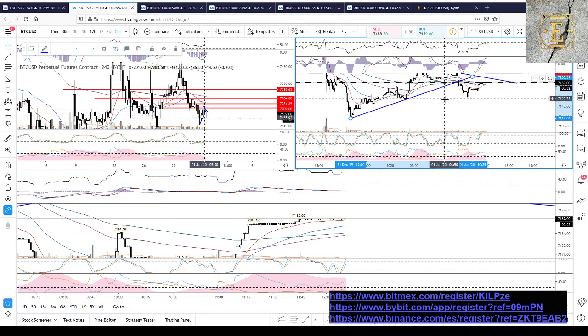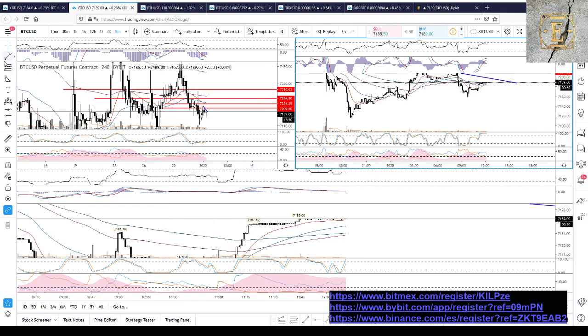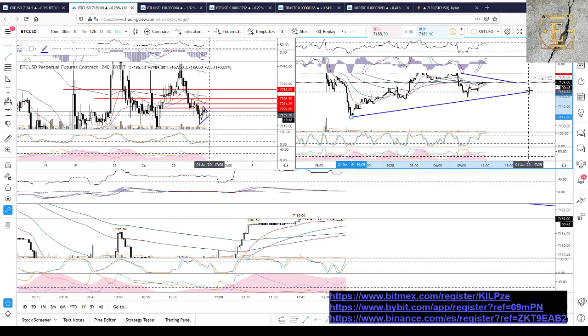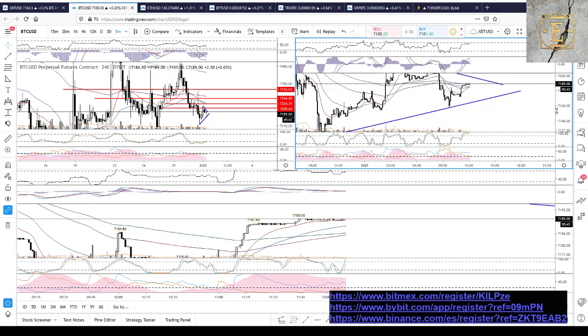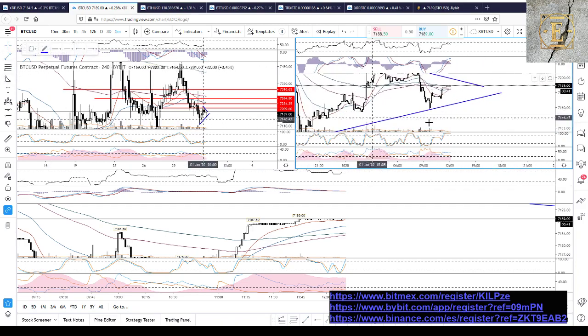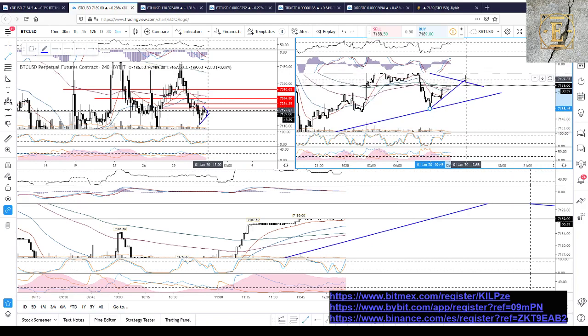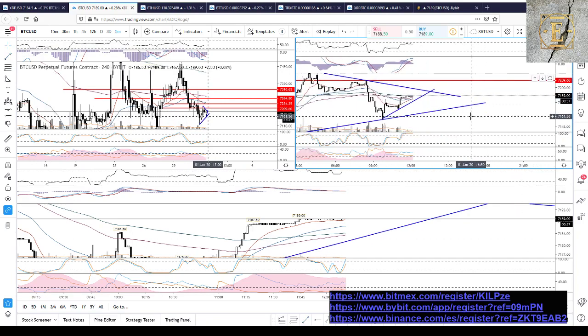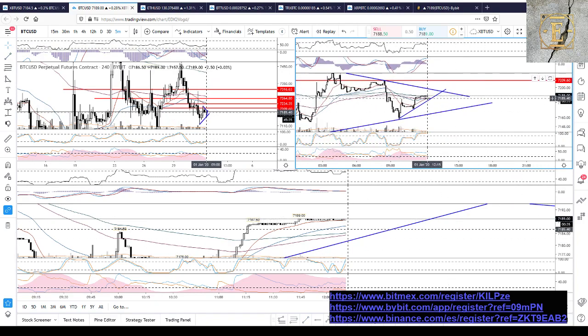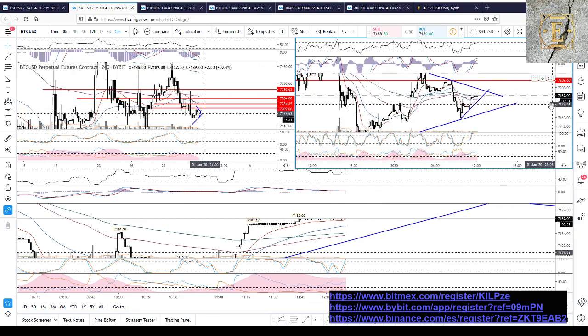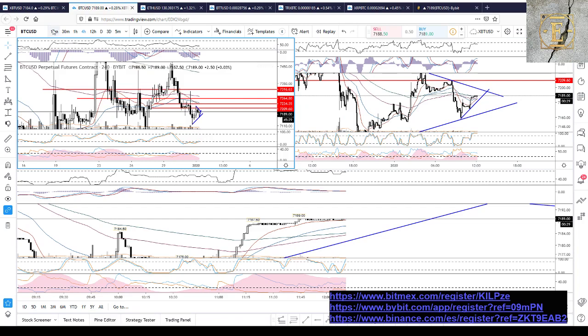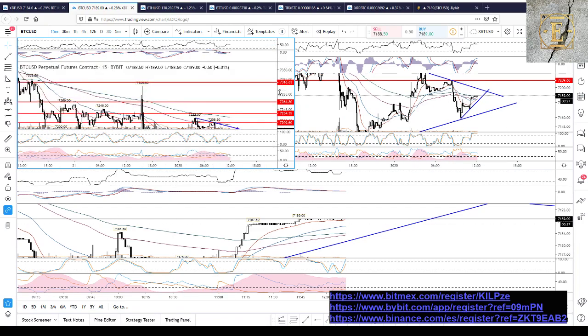So I think I'm going to remove this, and we have now this one, and this one. Okay, so I think it's possible that price goes over here, and if it breaks, we can switch now to 15 minutes here.